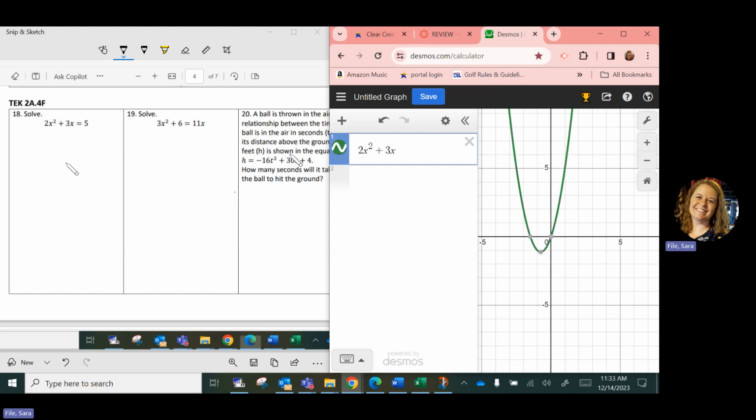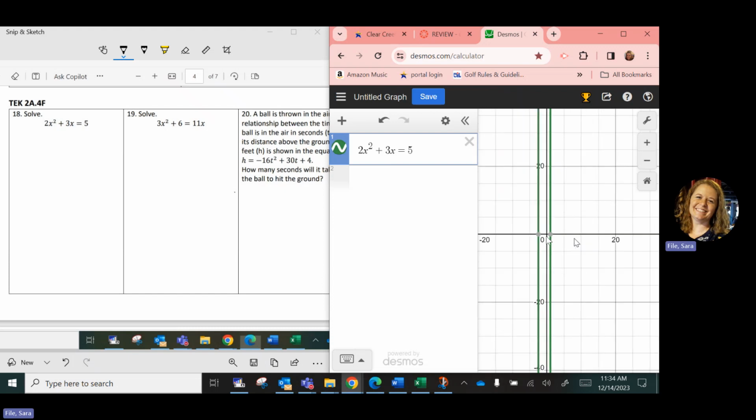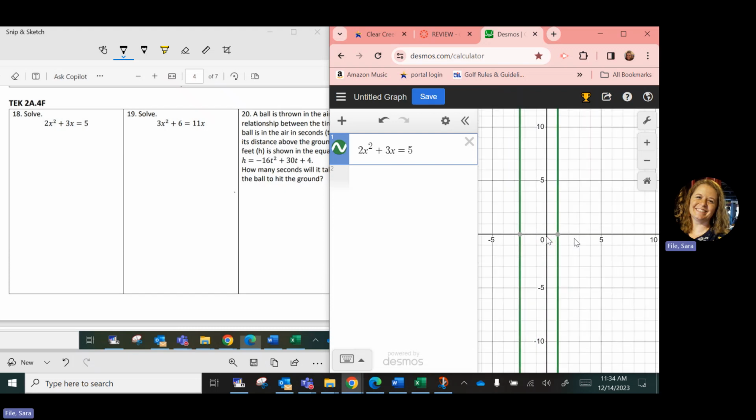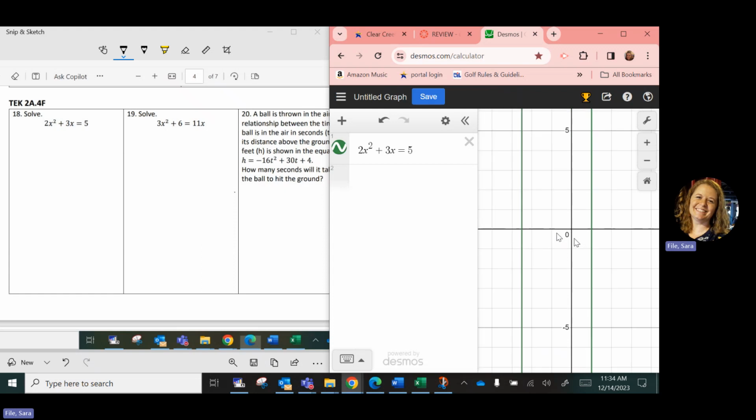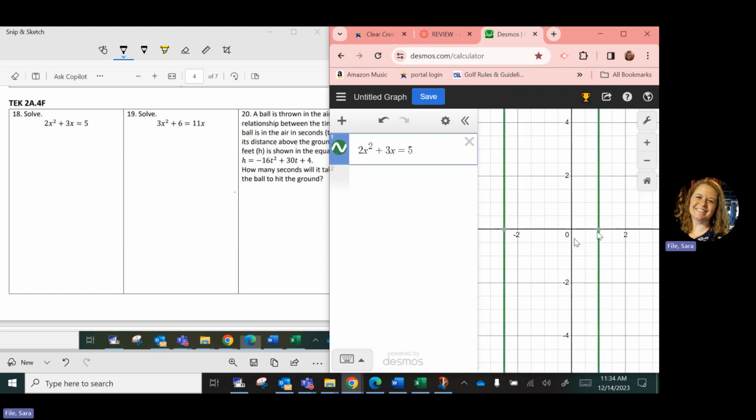Now, I don't know if it'll let me do it with equals 5. Oh, it does. I wasn't sure if it would make us solve and move the 5 over and have it set equal to 0, but it's letting me type it in just like that. So I can see the graph of this function. You can zoom out to double check, but this is just a quadratic, so it's a parabola, and we can see where it crosses the x-axis.